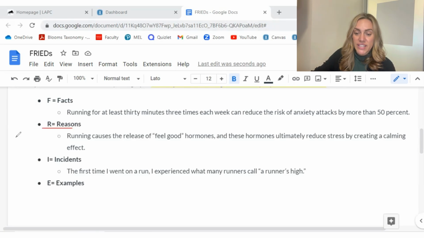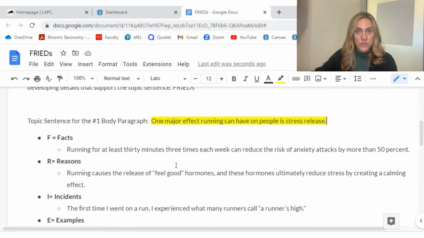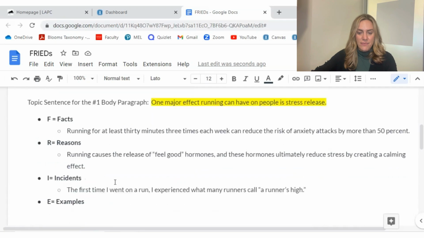Running causes the release of feel-good hormones, and these hormones ultimately reduce stress by creating a calming effect. So that's a reason for why my topic sentence is true. Remember, the topic sentence is one major effect running can have on people is stress release. So all of this that we're doing is to support that. And this reason, this R, does that.